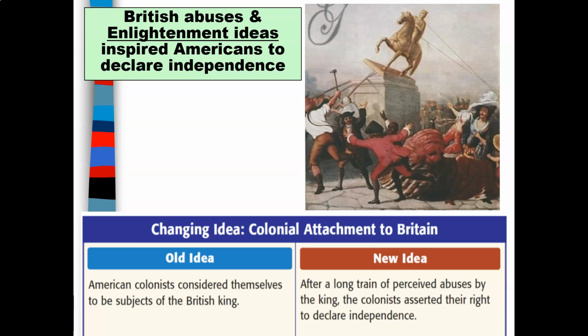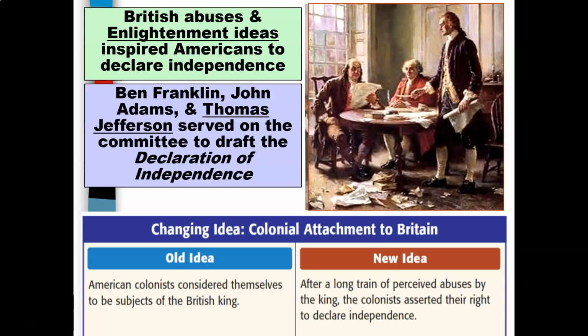Now, these are some of the changing ideas. Colonial attachment to Britain. The old idea said American colonists consider themselves to be subjects of the British king. The new idea said, after a long train of perceived abuses by the king, the colonists asserted the right to declare independence.